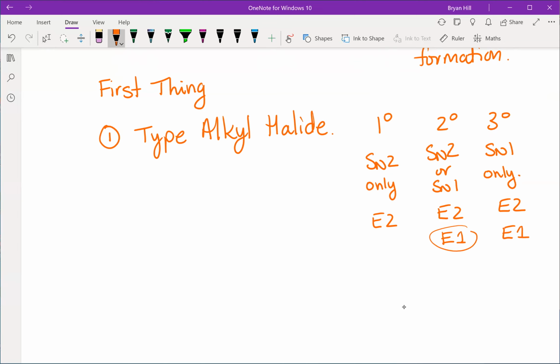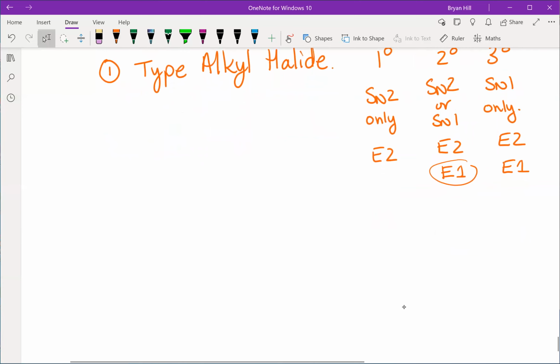So if we're designing a reaction and we want to do a substitution, we should always use conditions that are going to promote a substitution reaction and retard an elimination reaction.